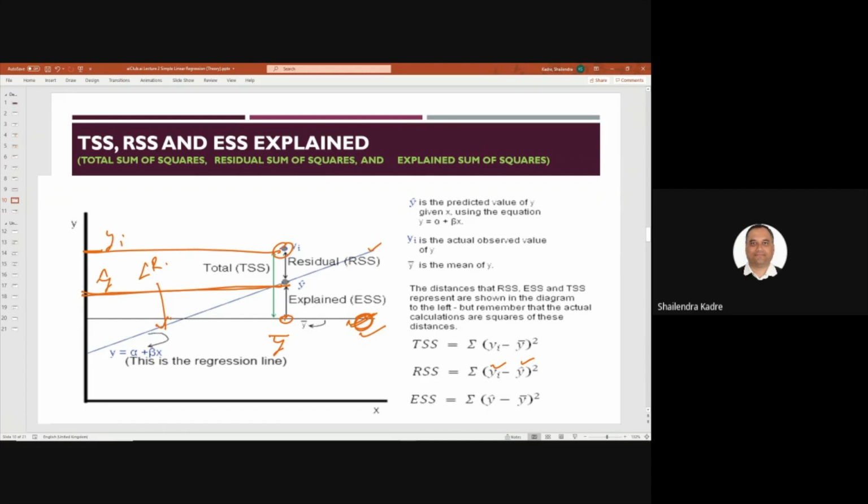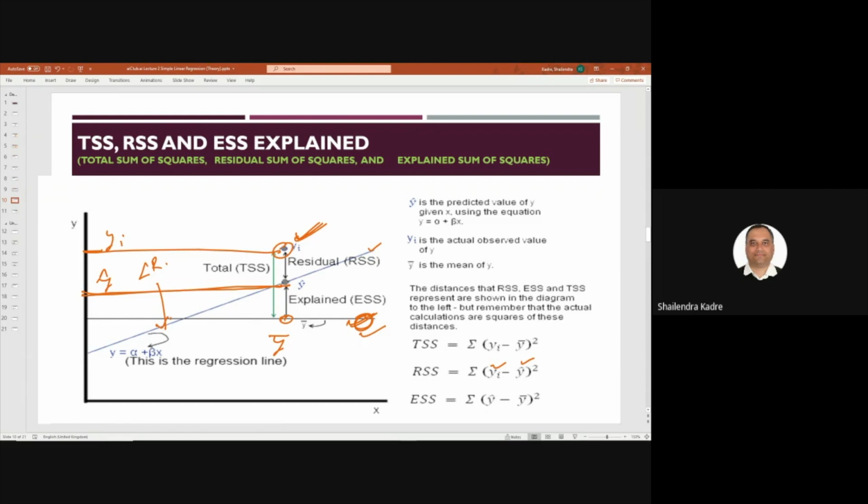So how much have you made your model intelligent? Your most stupid model is the horizontal line, and the intelligent model is your slant line. How much have you come closer to the actual point? This is the actual point.